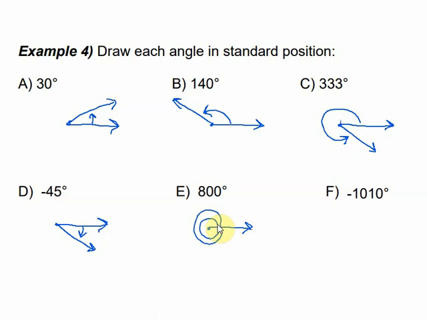And then if we need to get to 800, that's 80 more degrees, 80 degrees more than 2 rotations around the circle. So our line would end up being about right here, so it's not quite 90, but we went around the circle twice, and then we ended up at this terminal side.